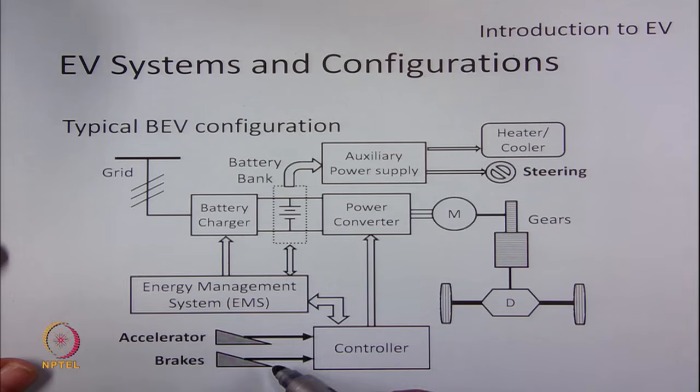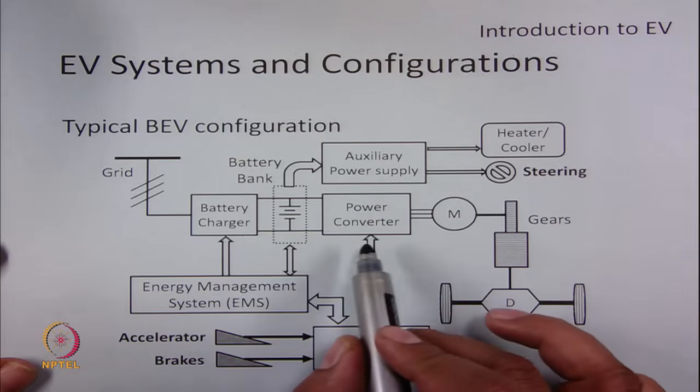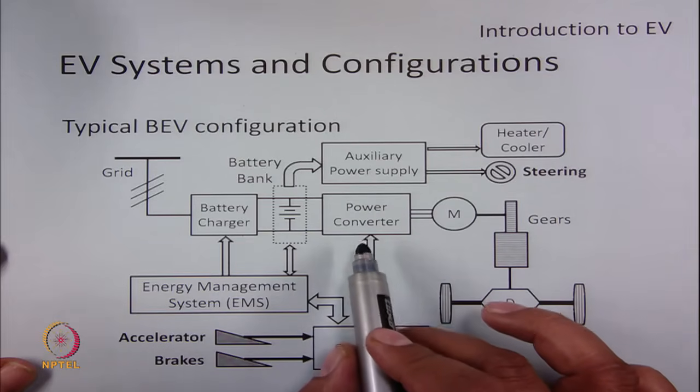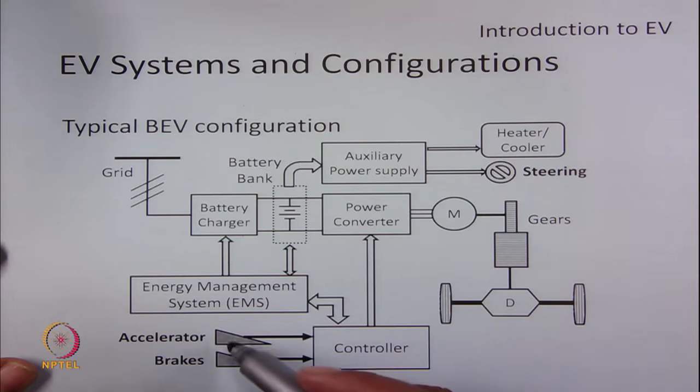This command goes to an electronic controller which then acts and gives information to the electric drive, which means the combination of power converter and motor, such that this action can be initiated.